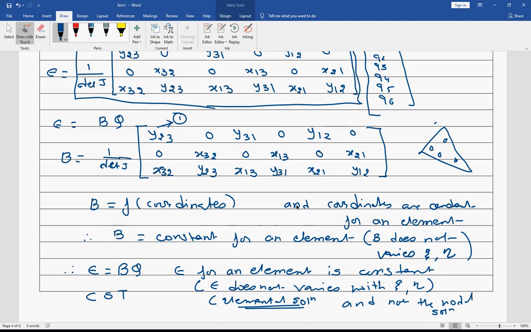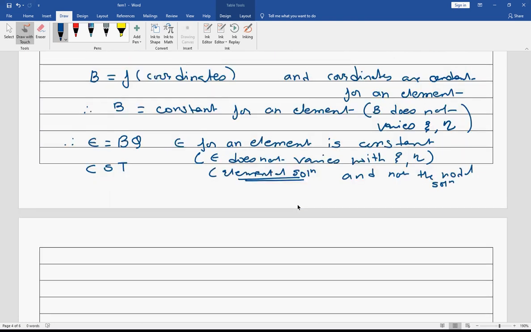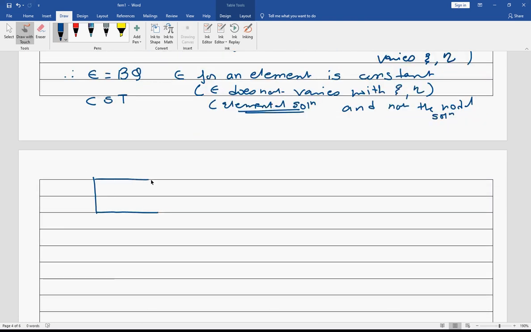Now it has some repercussions because of this. Now what is that? Basically, if I have a plate something like this, having a certain thickness, and if I want to mesh this plate, let us say this plate is fixed at this location and at this location.